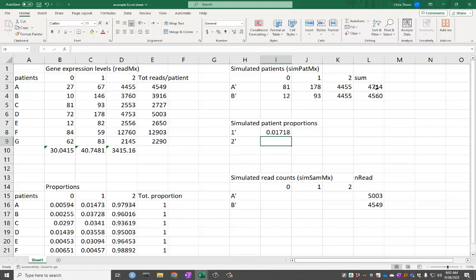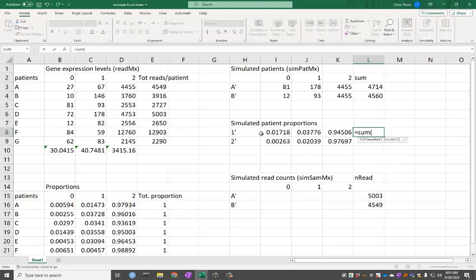And in order to make this carry to my other cells, I want to always take the sum from column L. I can fill down, and I can fill across, and then this should sum to 1. So these now represent the proportions of these counts.